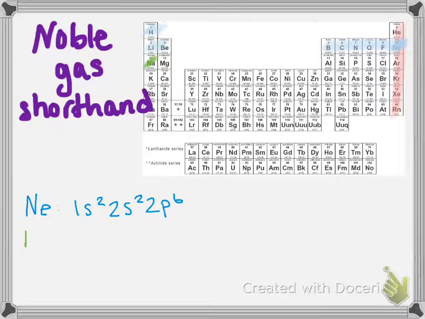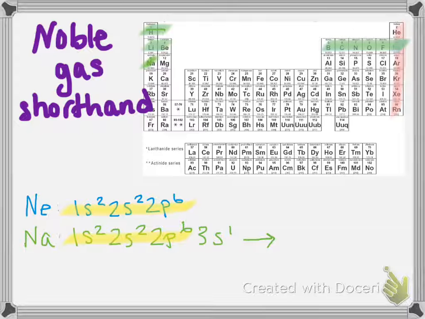I have that highlighted in green. And I end up with 1s2, 2s2, 2p6, and 3s1. Now what you're supposed to notice here is that neon and sodium have the exact same electron configuration up until 2p6.